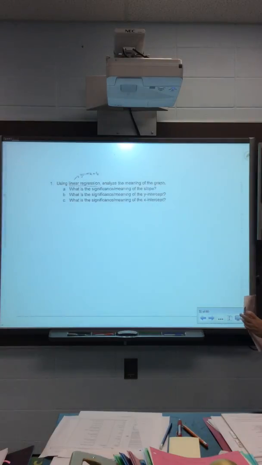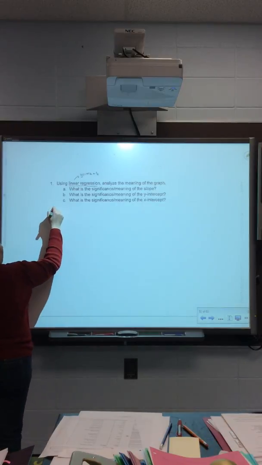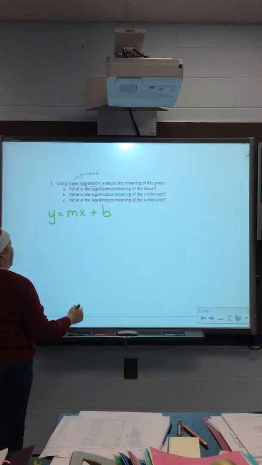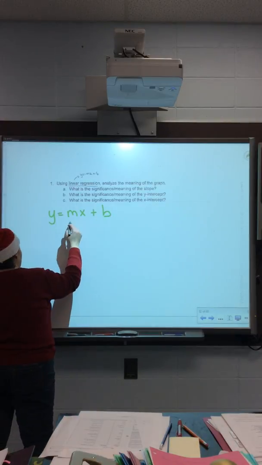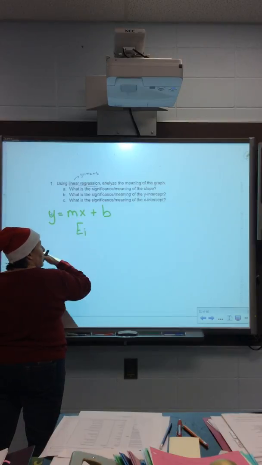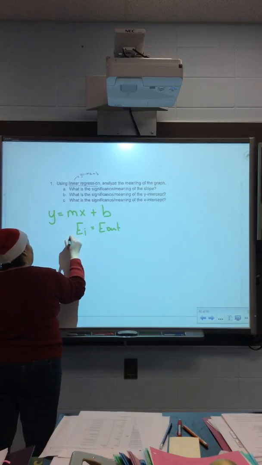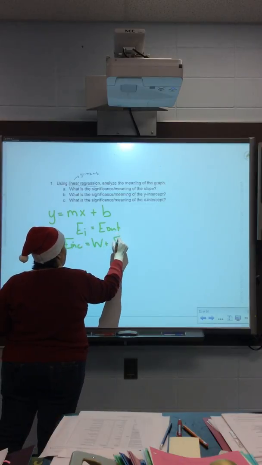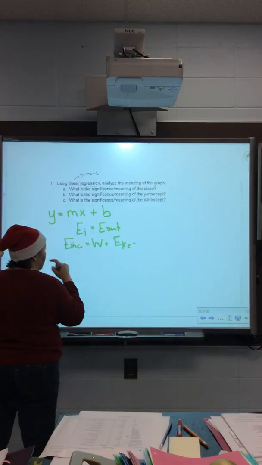So when we use linear regression, the slope line formula y equals mx plus b, what pieces of information do we have? Well, let's look at our formulas. We know that the energy in is equal to the energy out. We have E of the incident light is equal to work plus E of the kinetic energy of the electron.